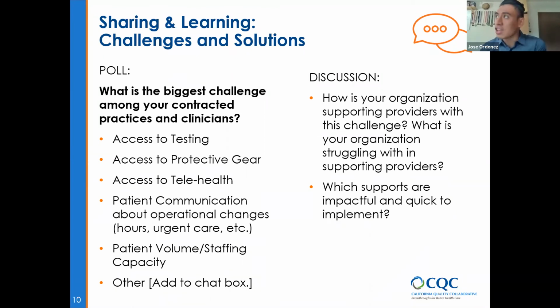Actually, I want to share a challenge that has been experienced a little bit here in the area. It's in, I believe, Marin community clinics. I was talking to a member yesterday, and they were experiencing some patients' fear of coming to pick up their prescriptions because of the shelter-in-place order going on here in 6 counties in the Bay Area.